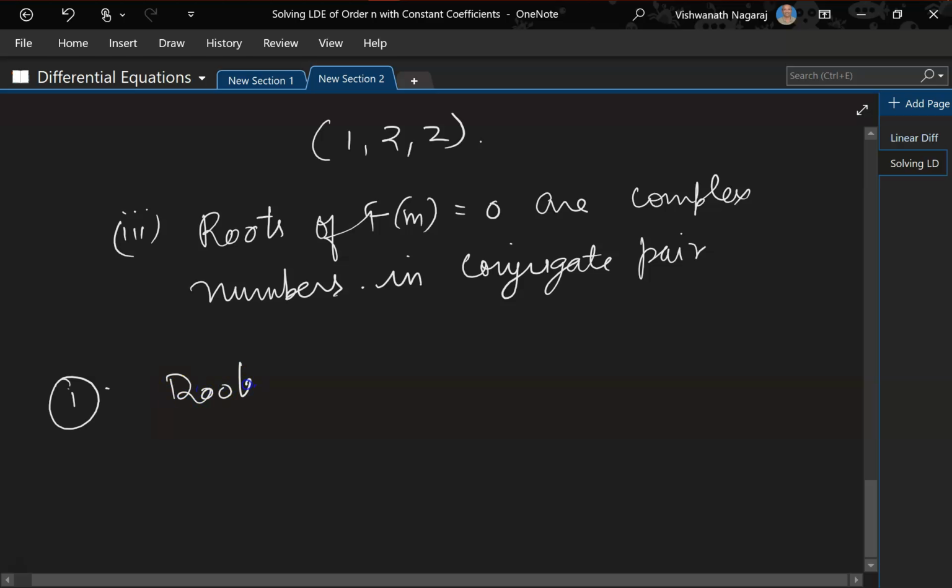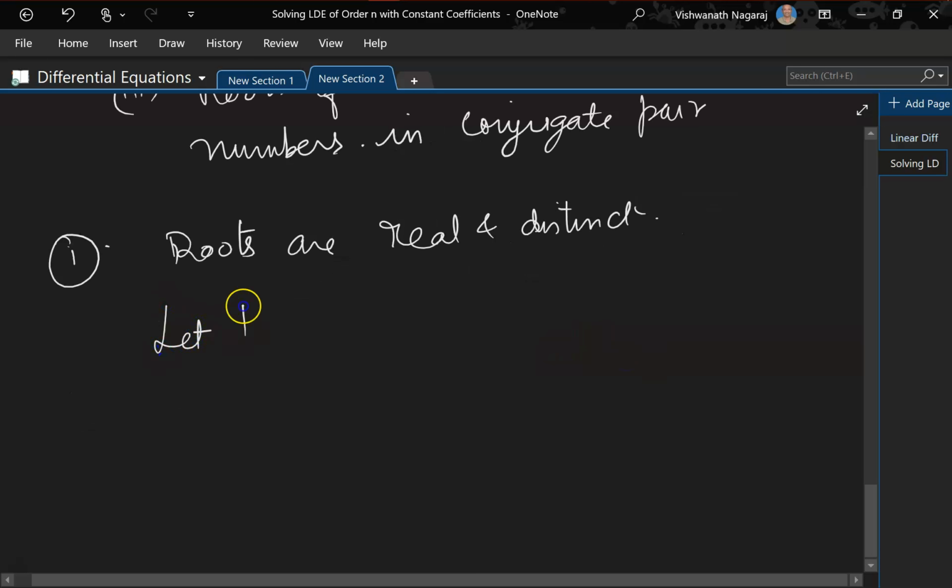Okay, so the first case is roots are real and distinct. So let the roots be m1, m2, m3 and so on up to mn.